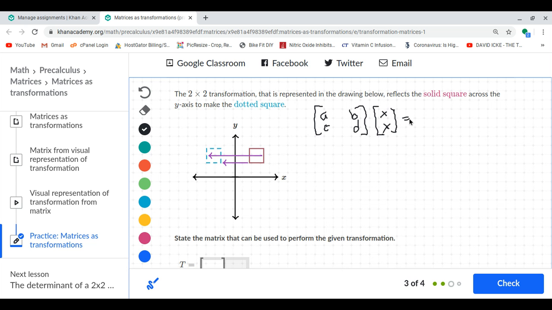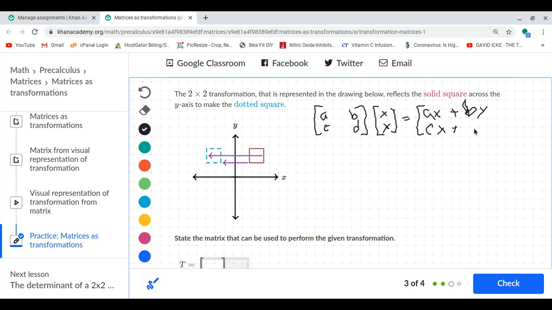And we're going to get AX plus BY, and then CX plus DY. Bear with me at this drawing tool.